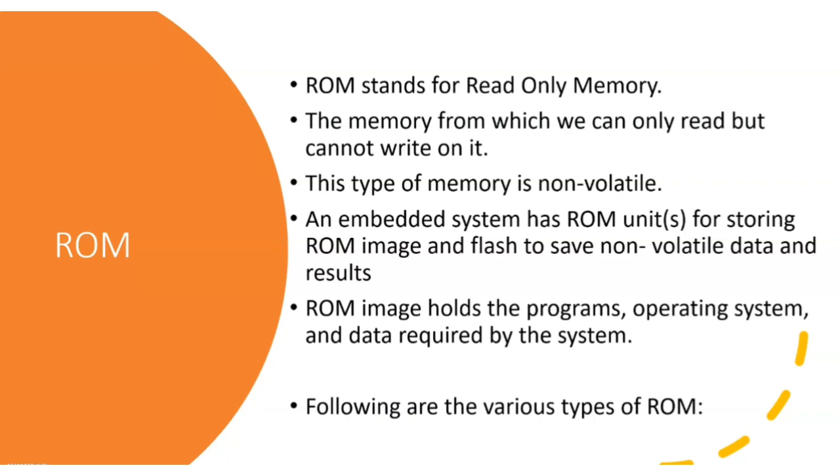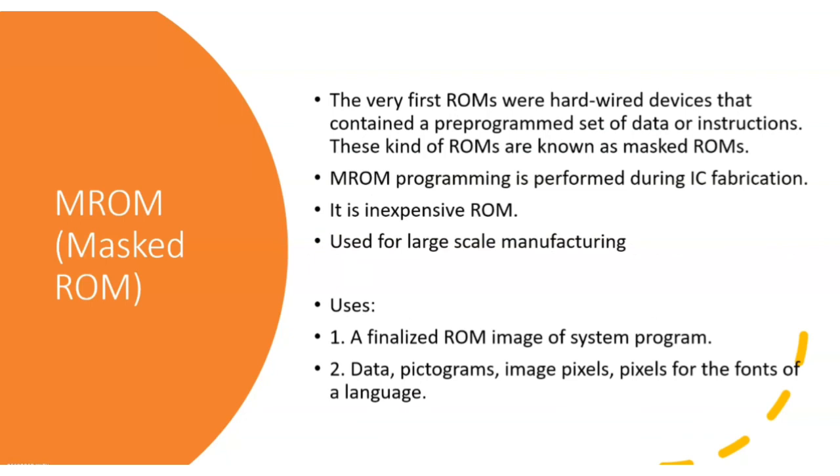Now, the classification of ROM. The first one is MROM, that is masked ROM. In masked ROM, the data is entered, or the instructions are burned into this memory, during the fabrication process itself. So once we buy or fabricate this device, we cannot modify anything in that memory. That type of ROM is called masked ROM.